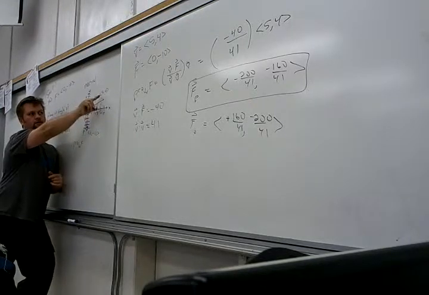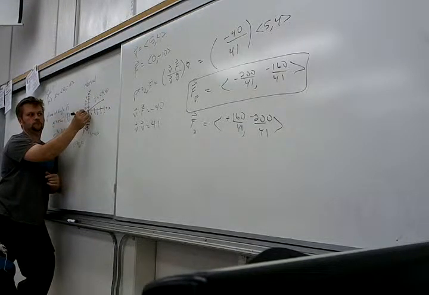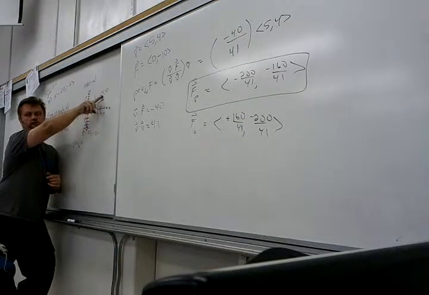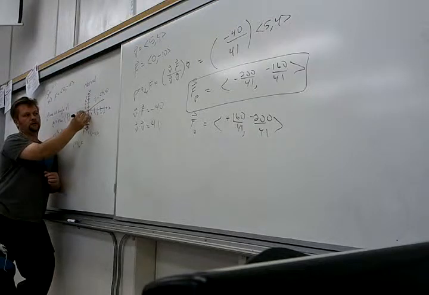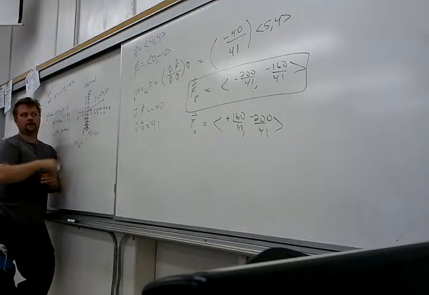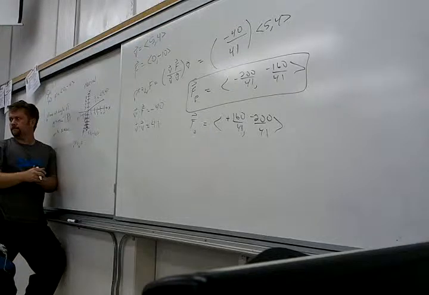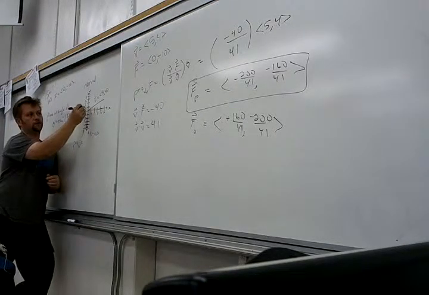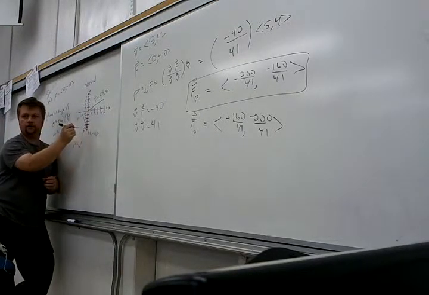What is orthogonal to V? What would the vector be that's orthogonal to V? Yeah, if I drew it, it's got to be in the direction I want to go. So it would be 4, -5, right? The vector that's orthogonal to V would be 4, -5.